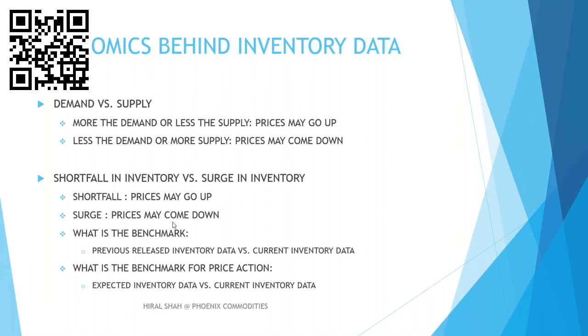See, so this was the inventory data, and what it means we already saw in the live chart also. Now, expected inventory data versus the current inventory data. We always need to check the expected inventory data against the current inventory data.